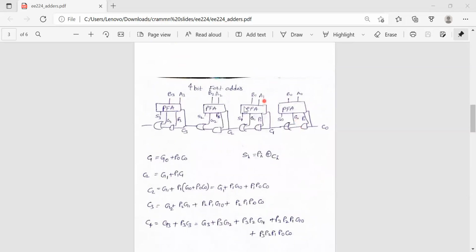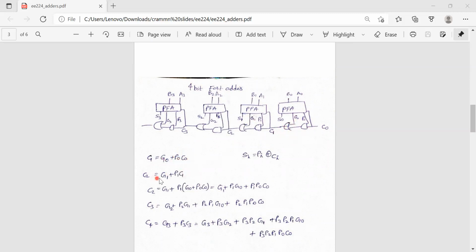Okay, let's see, this is the structural description of a 4-bit fast adder. For the expressions, C1 is equal to G0 plus P0 C0. Okay, C1 is G0 or P0 C0.